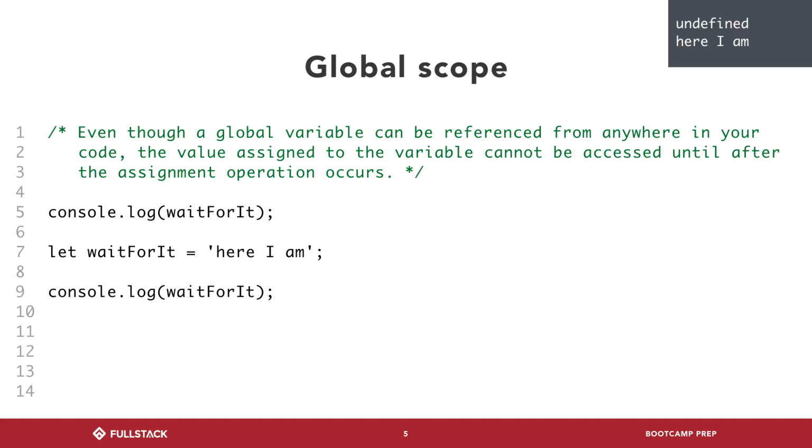So when line 5 runs, JavaScript has already gone through the entire page of code, and it's already acknowledged that the wait for it variable exists. It doesn't know what value it is just yet, but it's also not throwing you a reference error. It's not saying, hey, you're using something that doesn't exist. It's saying, hey, you're using something that I know exists, I just haven't gotten around to figuring out what it is yet.